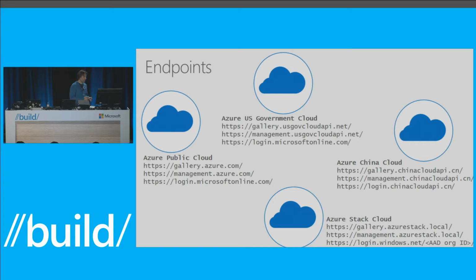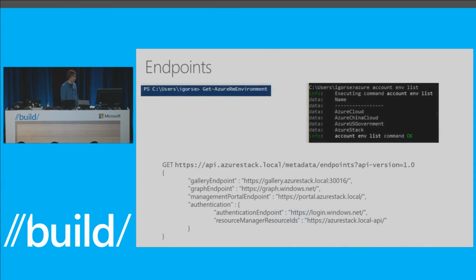You want it to be targeted independently. And US government has another set of endpoints. So that's an important aspect to understand and incorporate in your app development when you're developing Azure apps: it's not just azure.com, right? The login or ADFS URL is different.